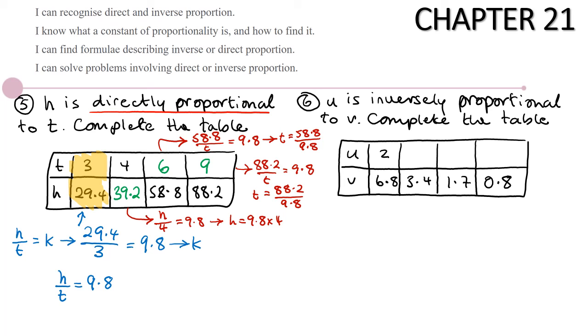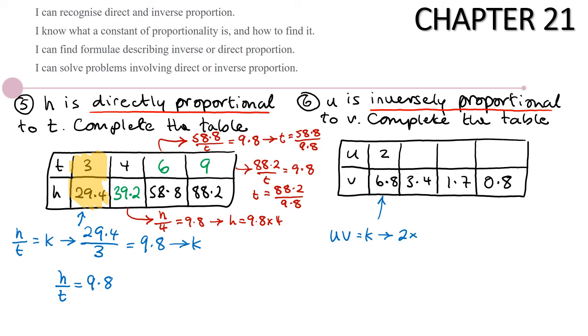Now on the inverse proportion table, this is actually even easier to fill in because we know proportion is about multiplying. So I know that when I do u times v, I'm going to get a fixed number k. So I can use what's in the first column to get that.